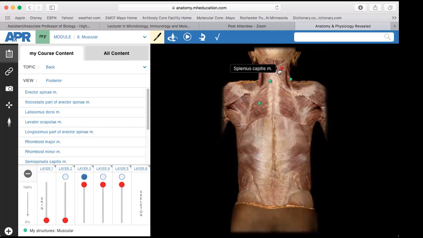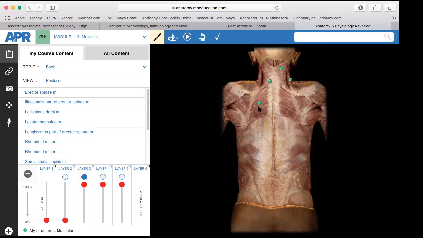Now that is your splenius capitis again. That's your levator scapulae. This is connected to your scapula, and so it helps you move your shoulder, especially when you're shrugging.